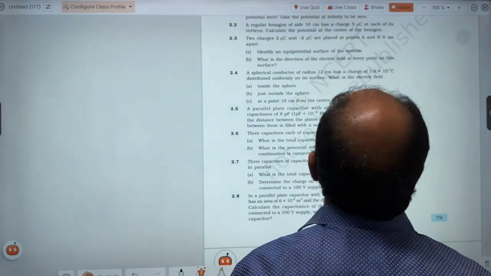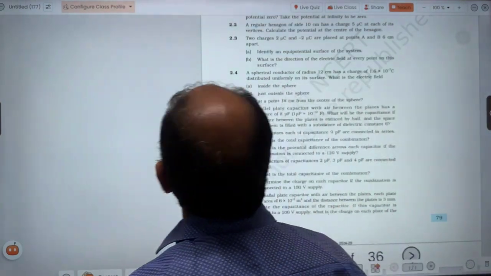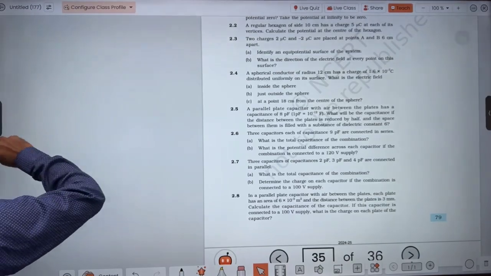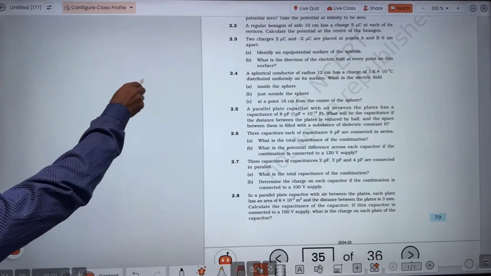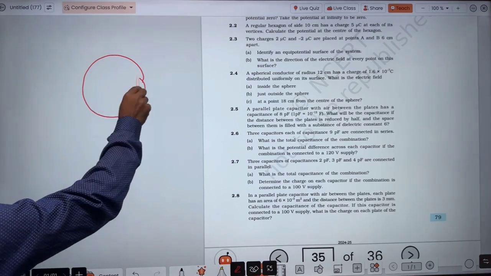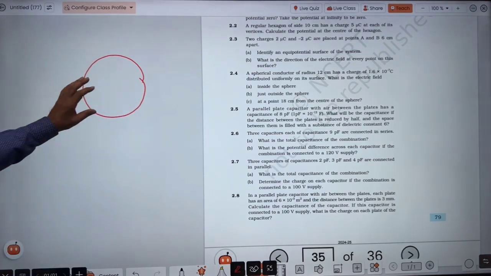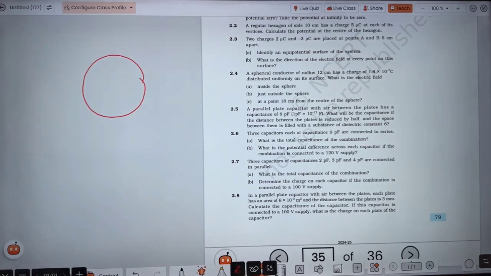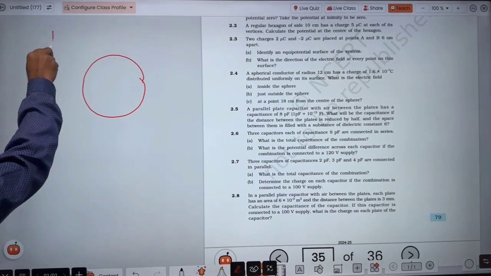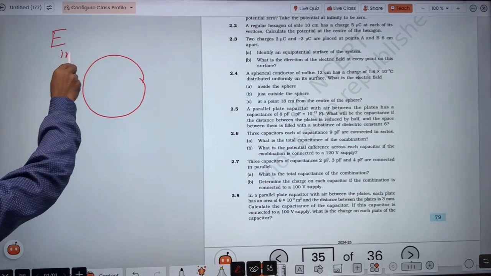Now just outside. So just outside means r is equal to radius 12 centimeter, and then electric field can be found by the formula E equal to Q divided by 4 pi epsilon naught r square. Put the values. Q is given as 1.6 into 10 power minus 7.